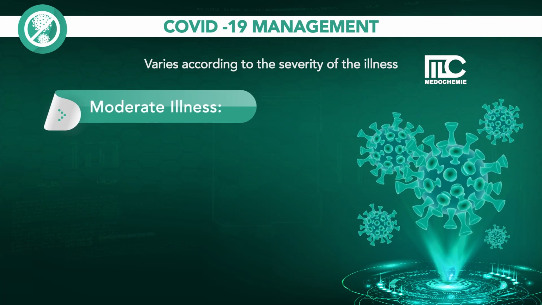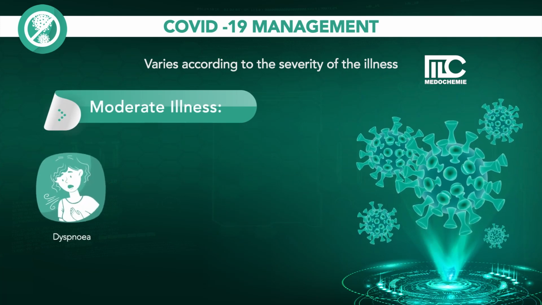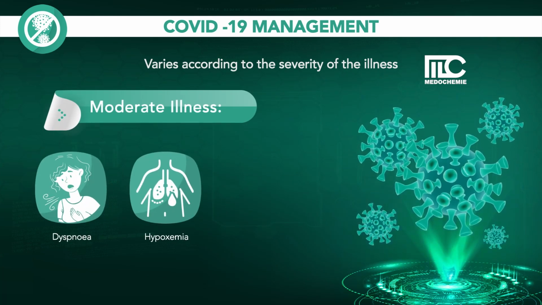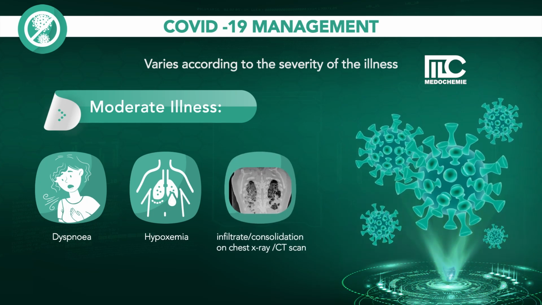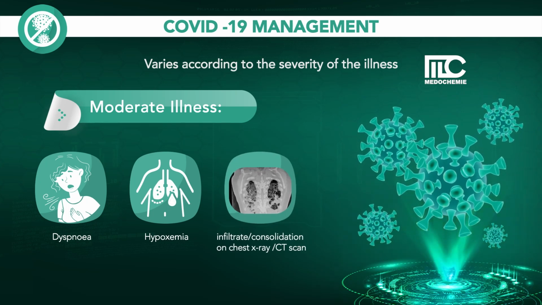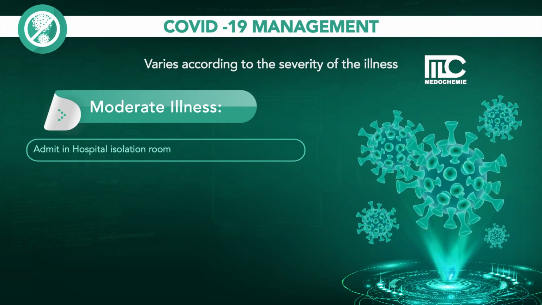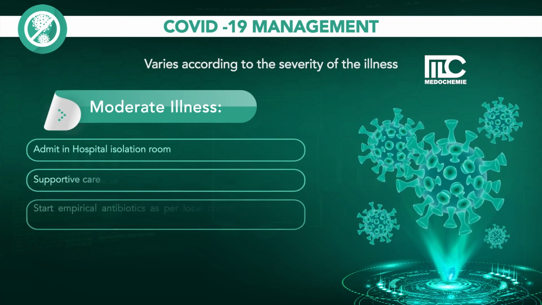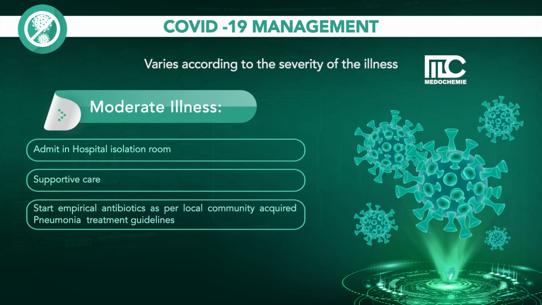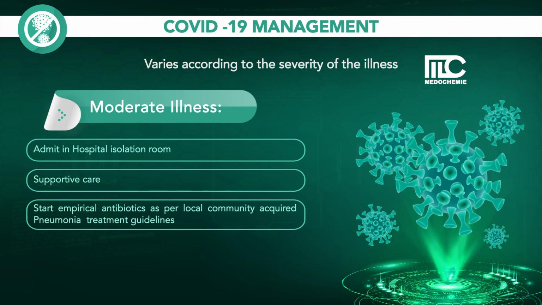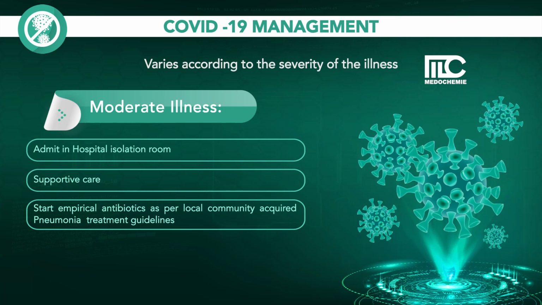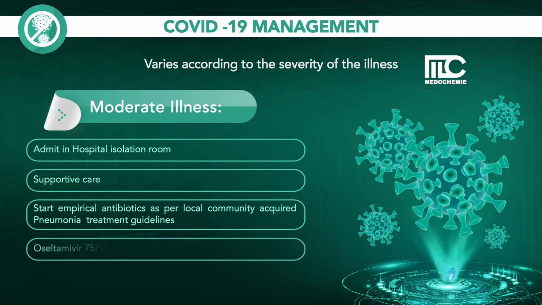Moderate illness is characterized by dyspnea, hypoxemia, infiltrate or consolidation on the chest X-ray or CT scan. These patients should be admitted to a hospital isolation room, with supportive care, and start empirical antibiotics as per local community-acquired pneumonia treatment guidelines.